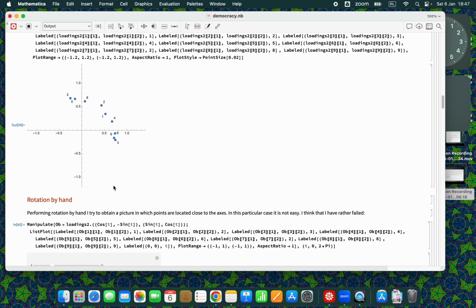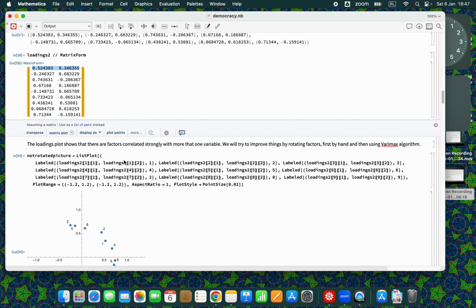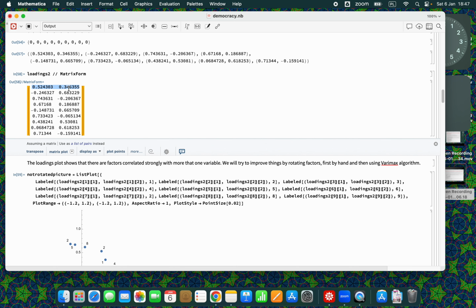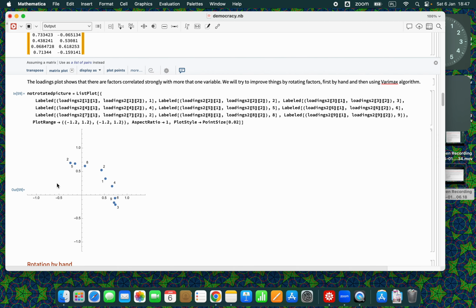This is our not rotated picture. These are our loadings presented as points on the plane. Each row has two coordinates, first factor for x coordinates, second factor for y coordinates. So we have 9 points here, one corresponding to each variable.